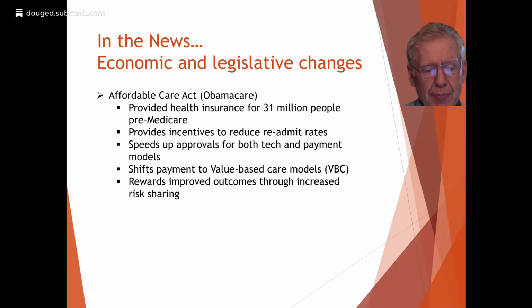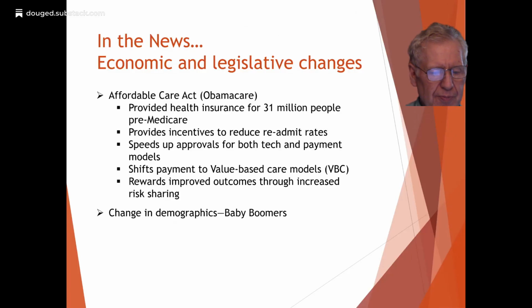It speeds up approvals for both technology and payment models. And it shifts payments to value-based care models rather than simply reimbursing under a fee-for-service basis. And it rewards improved outcomes through increased risk sharing. We will look at all of these in considerable detail as we move forward.